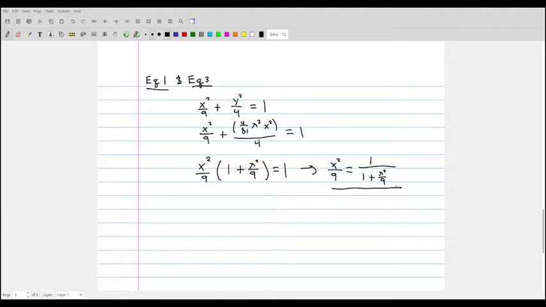So plugging equation 1 into equation 3 eliminates y and just gives us a dependence of x on lambda. It tells us how x depends on lambda.